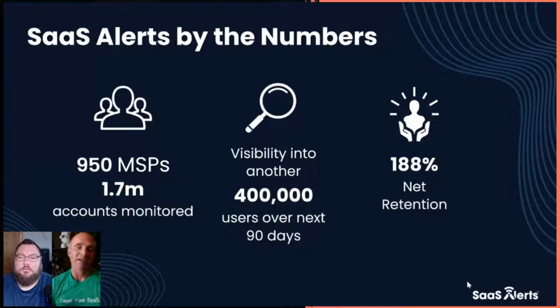So net retention is new logos plus expansion within the base minus churn. Cool. So that's a common question. How can you have more than 100% net retention? Well, it's because you're adding a lot faster within your existing portfolio than you're churning.